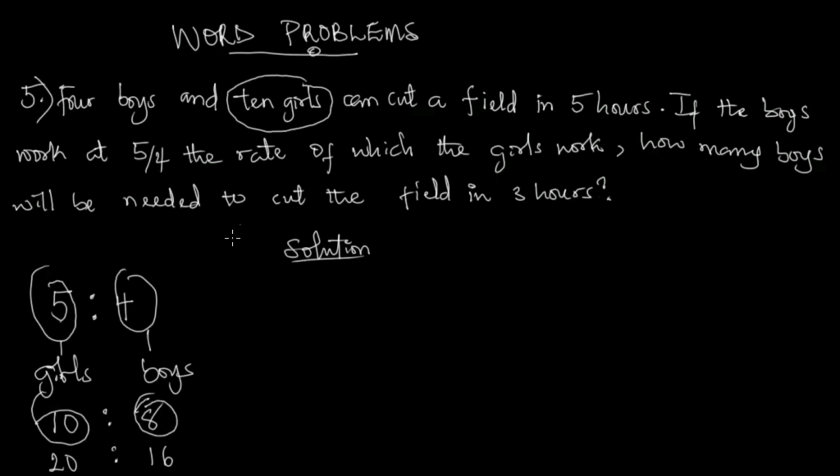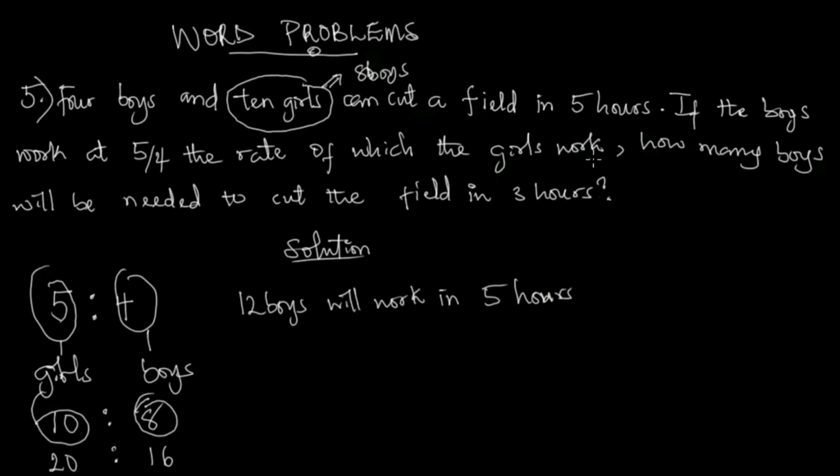Alright, so we could substitute these 10 girls with 8 boys. Okay, so from that we can conclude that 12 boys will work in 5 hours. Okay, 4 boys and 8 boys, making 12 boys, can cut the field in 5 hours.